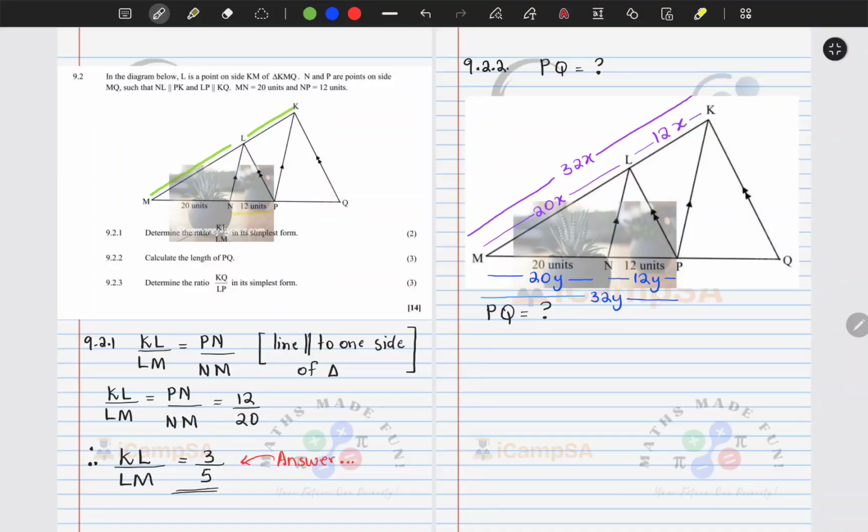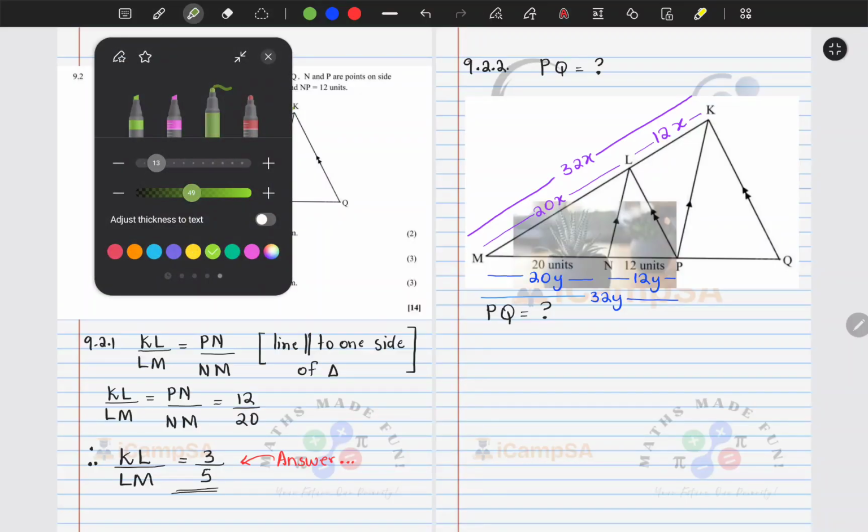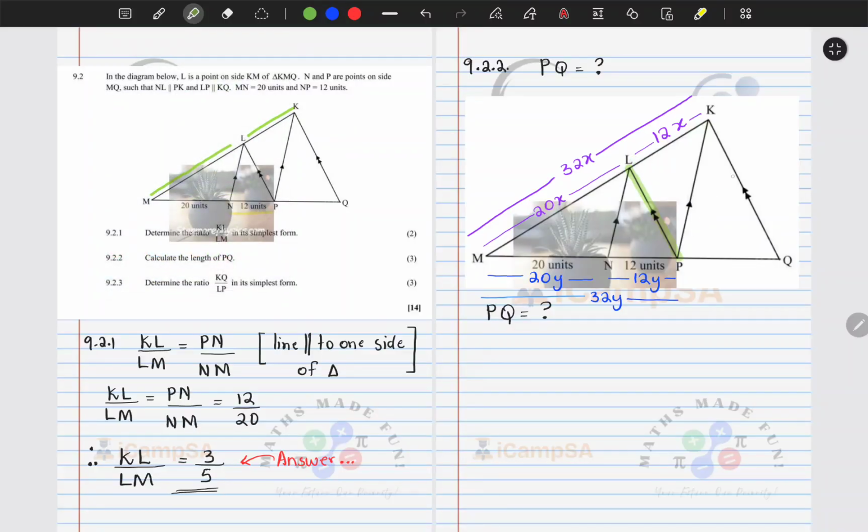Now, the first thing that we can do is to figure out what is PQ, in proportion. What do I mean? Well, if you observe carefully, there's two parallel lines here. There's a line here and a line here. So what does this mean?